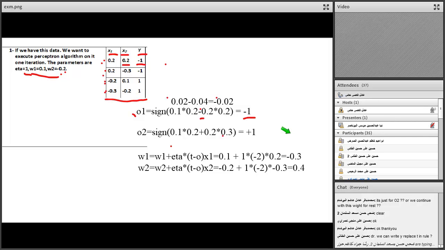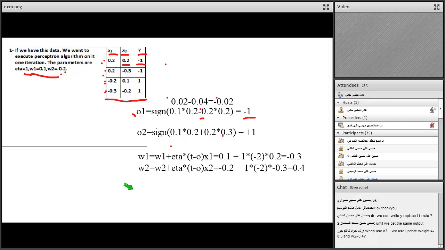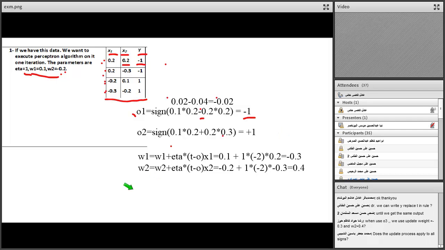Okay, thank you. So for the next data, O3, we use the new weights. Let me just write the next data, and I will finish this example here.